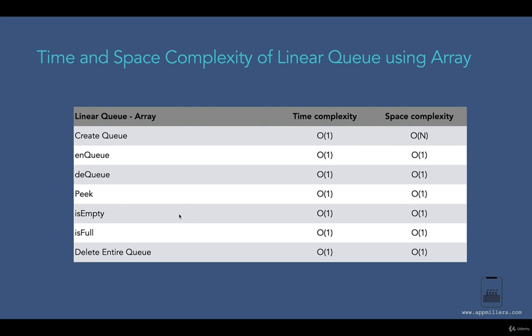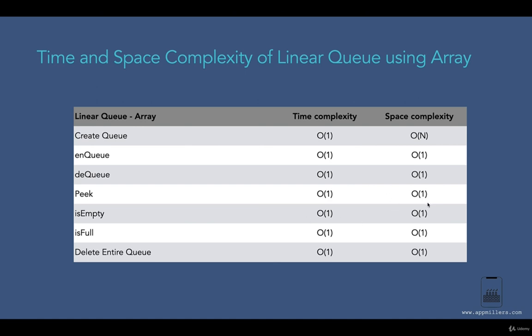Then the next method is isEmpty method. How can we identify whether the linear queue using array is empty or not? As we said before, based on the beginning of queue property, we can easily identify it. If the beginning of queue points to -1, it means that this queue is empty. Here we are not performing any time consuming operation, so it takes O(1) time complexity.